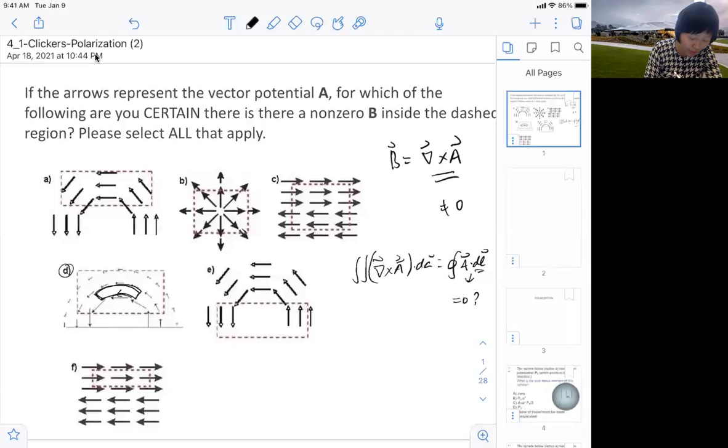So for example, if I choose to evaluate my curl this way, up this way, you can see that my dL is longer on the outer side and shorter on the inner circle. At the same time, my vector is smaller on the outer rim but bigger on the inner rim. So in this case, you're not so sure.